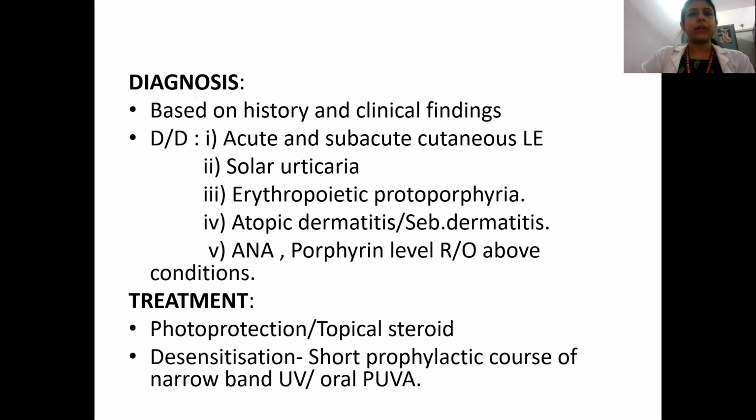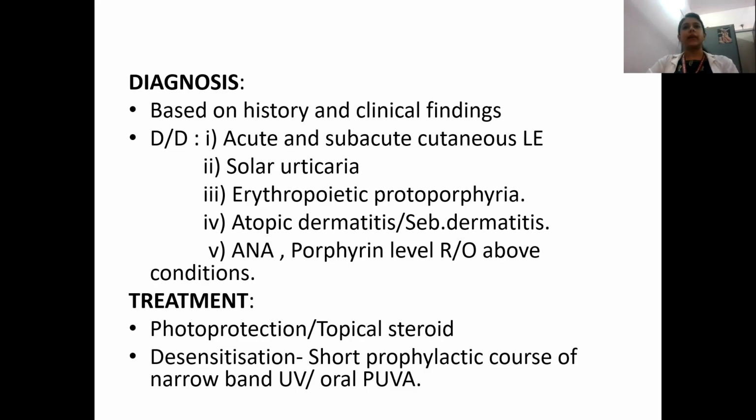How do you diagnose PMLE? You diagnose it based on history and clinical findings. Patients will say that they get more symptoms, more itching, or a more burning sensation when they get exposed to sunlight. That is the most important history of PMLE. And they'll have lesions mainly on the sun exposed areas.